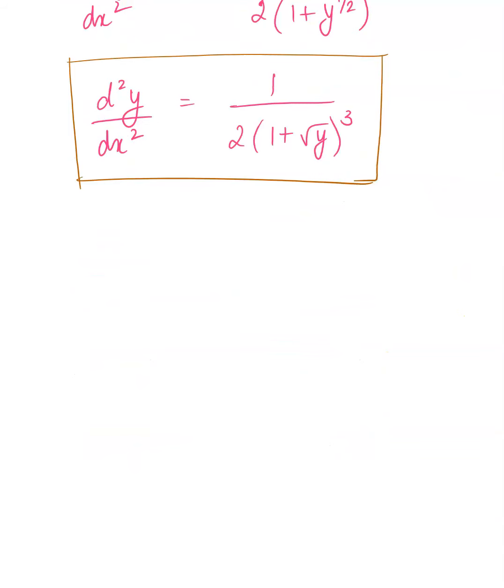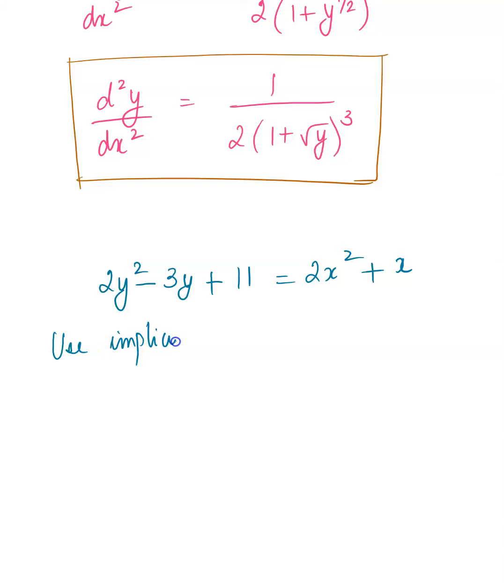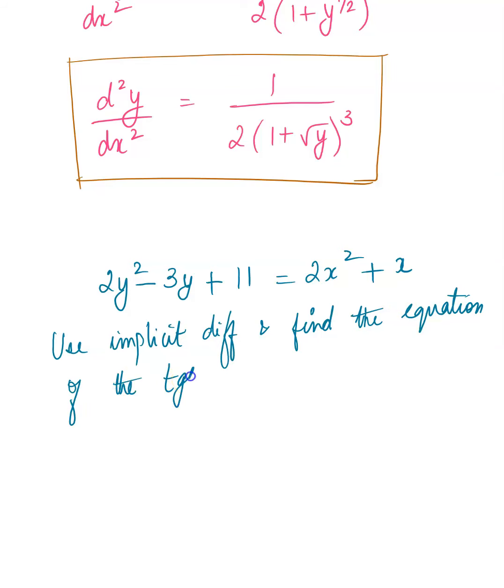So say for instance, you're given 2y squared minus 3y plus 11 equals 2x squared plus x, and say use implicit differentiation to find the equation of the tangent line at 2, 1, let's say.